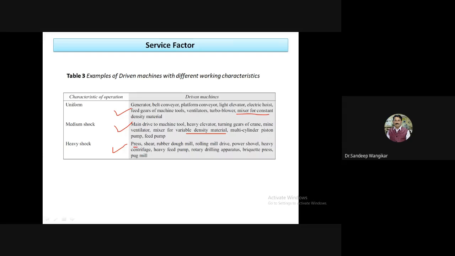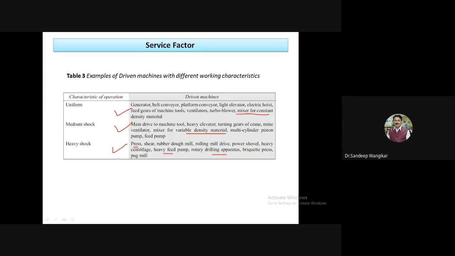So very first press machines. So press machines, forging, or any other operation where the press tools operation is used. Then mills are there, rolling mills where the material is rolled, forming rolls from a plate, heavy centrifuge, heavy feeding pump, then rotary drilling apparatus. So like this, different mills are there.